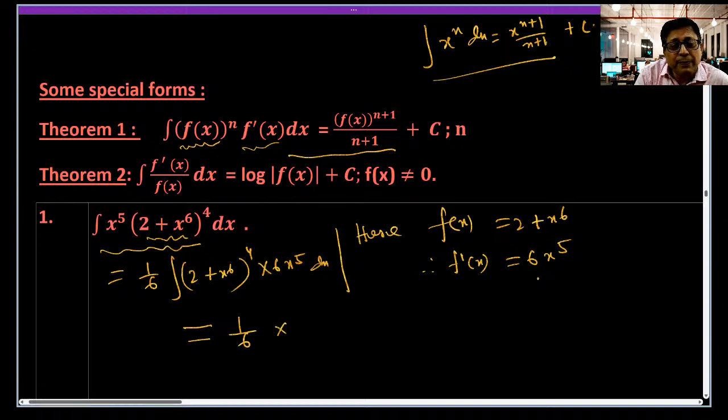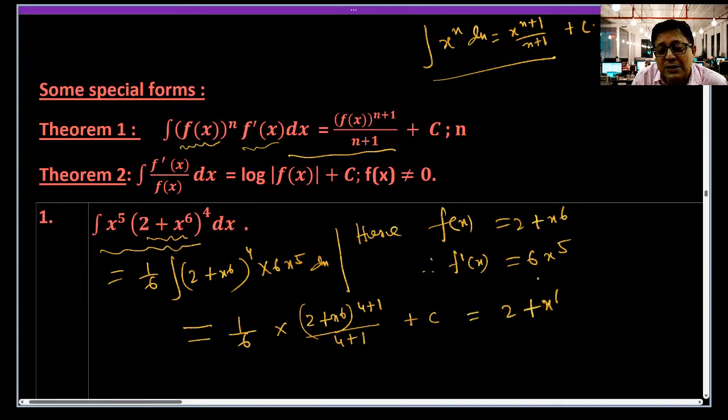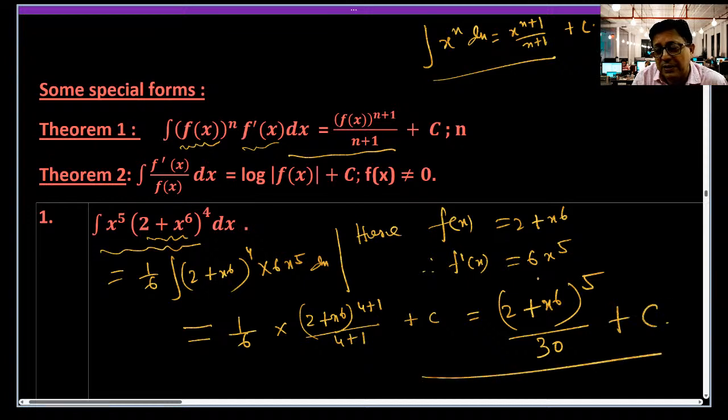So it is f(x) to the power n plus 1, (4 plus 1) by (4 plus 1), plus c. Isn't it? So the answer is (2 plus x to the power 6) to the power 5 by 6 into 5, this is 30, plus c. Clear?